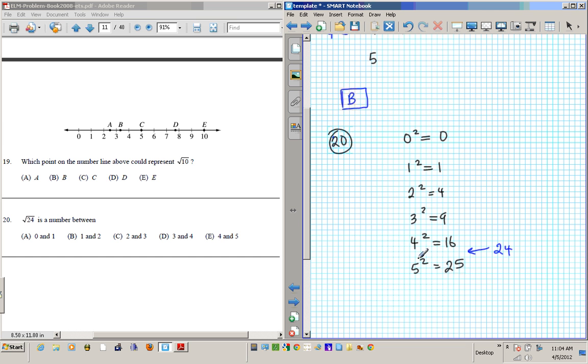So if 24 is between the square of 4 and 5, guess what? The square root of 24 is going to be between 4 and 5, right between these two numbers. So your answer for this one is E.